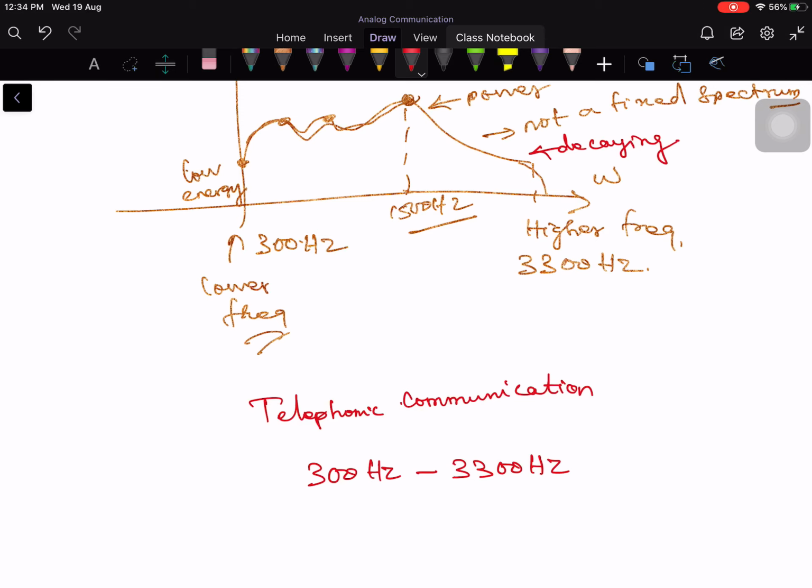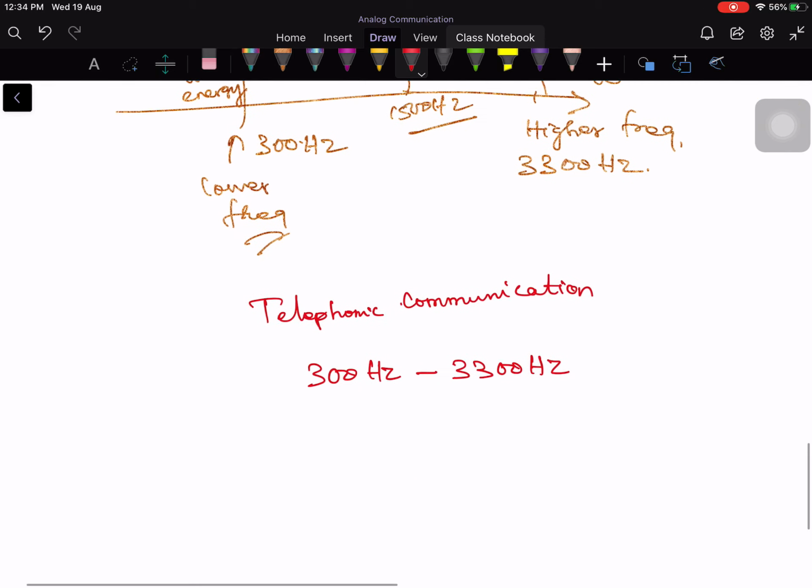That means the quality of the speech. Therefore, you do not lose much in either intelligence or quality of the speech.